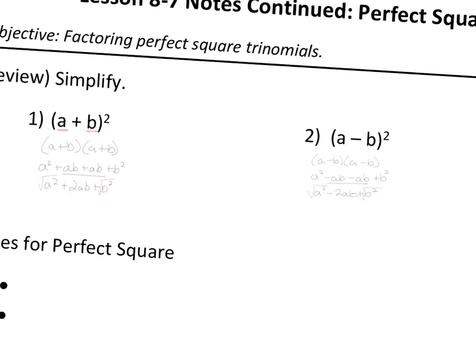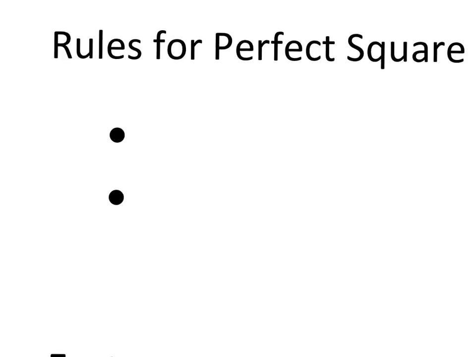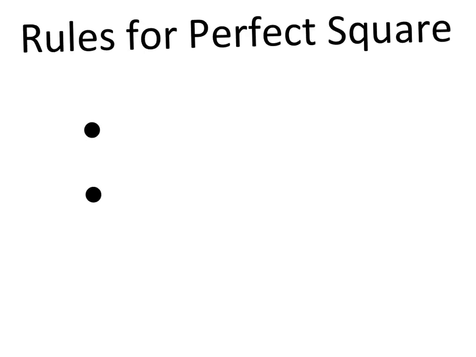When we're looking at this, there are a couple of rules that we really need to know. One of the first rules is that we are going to square root a and c.